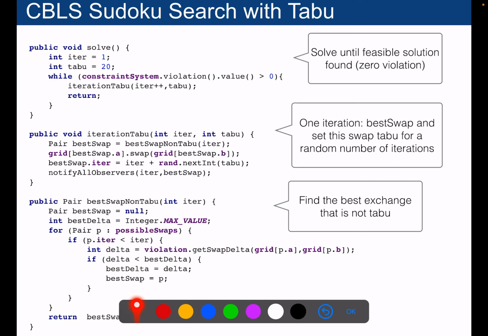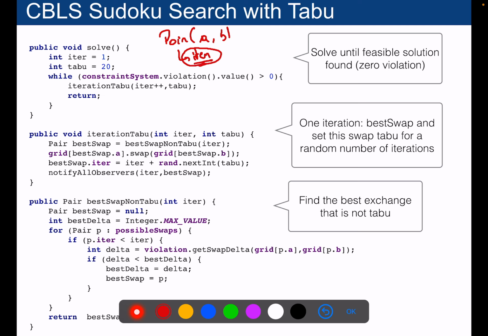So how do we implement it in practice? In practice, if you remember, the moves are stored as pairs with two values A and B, and inside that one we will also store the next iteration when the move is available. That's the next iteration when the move will become available again.